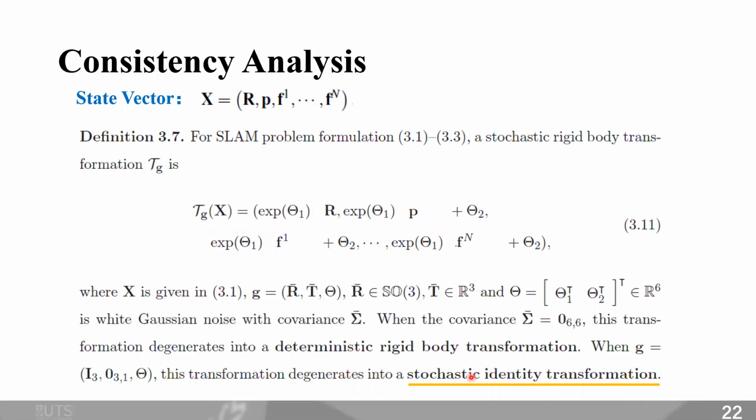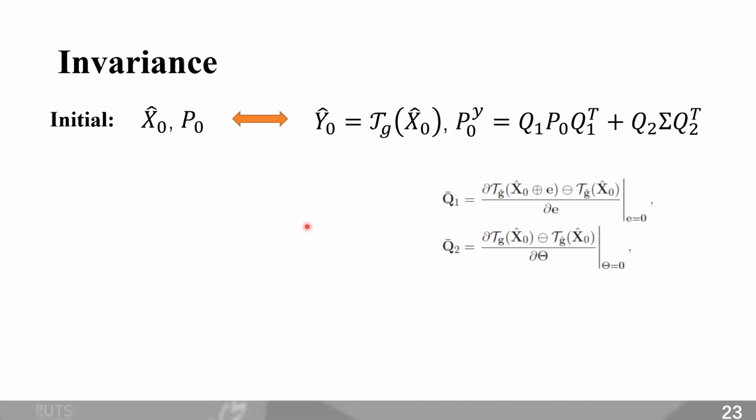The stochastic identity transformation is something like that. And how to understand this invariance? If we have a SLAM system, one time we set x0, P0 as the initial. Another time we transform this initial to y0, P0y by such a transformation.